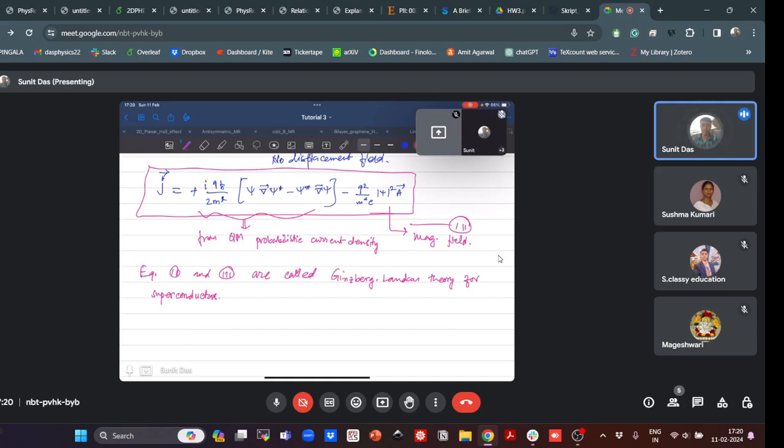Basically, the first equation comes from the minimization of free energy with respect to the order parameter psi, and the second equation gives the minimization of energy with respect to the vector potential A.